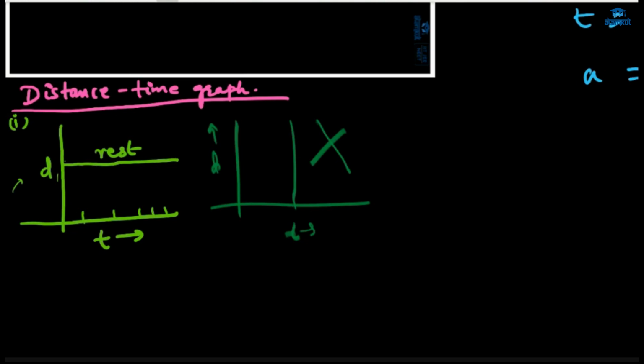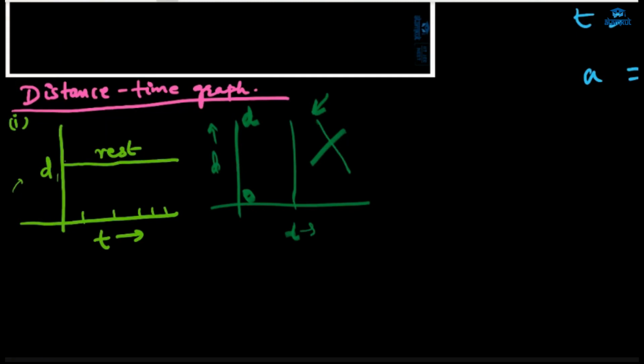Someone is not Superman. Neither can Superman do this kind of motion. Neither can even light, because light also takes some time to travel. Here the body is traveling from 0 to this distance d, and time is not increasing.